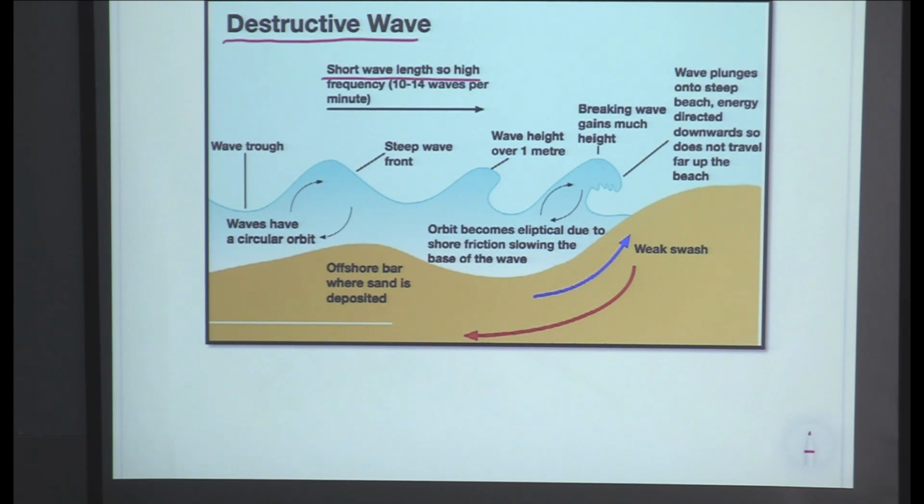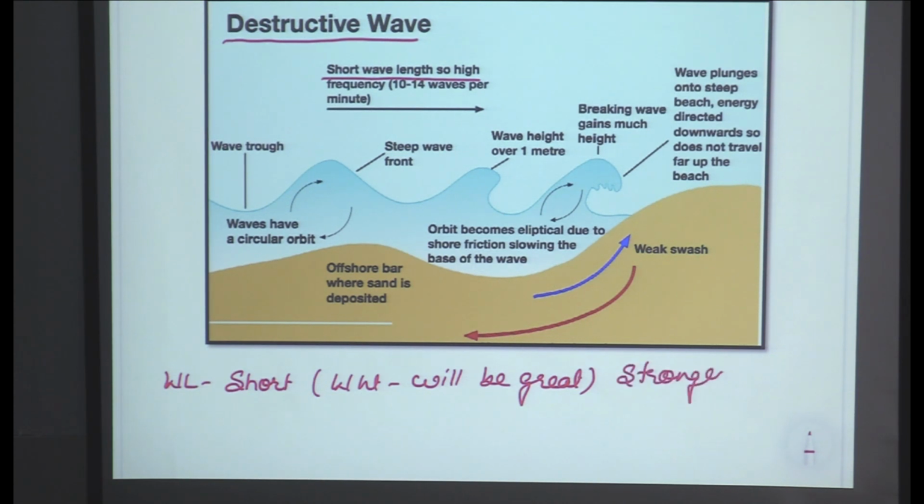Just a minute back I talked about that if wavelength is short, wave height will be great, and we can easily apply it with stronger wind drag. So, how will I define destructive waves?